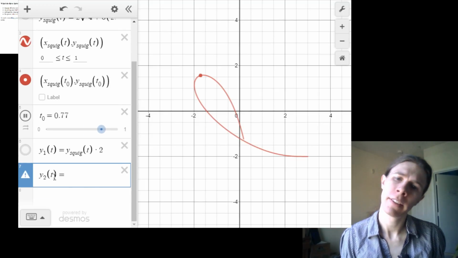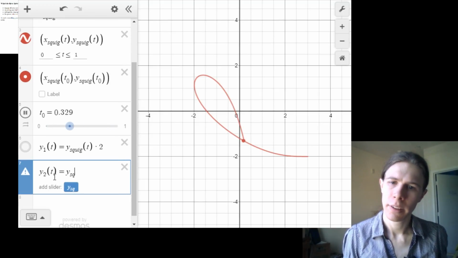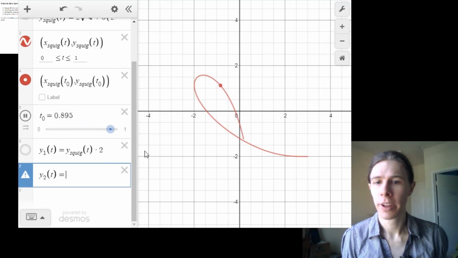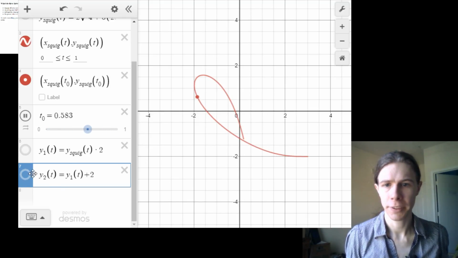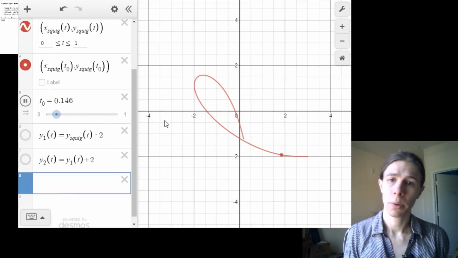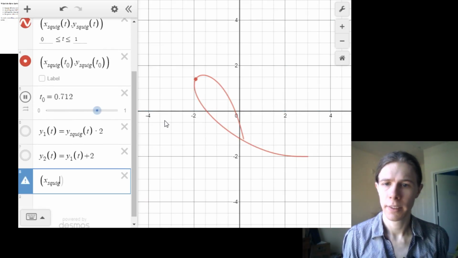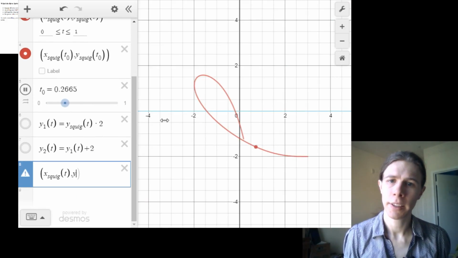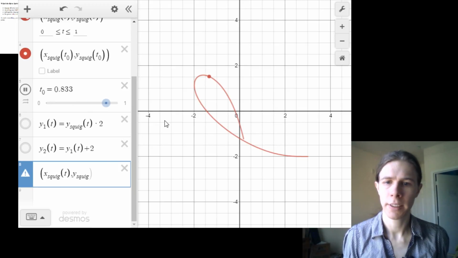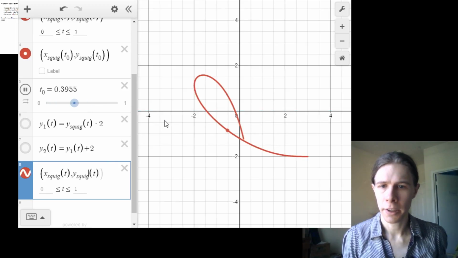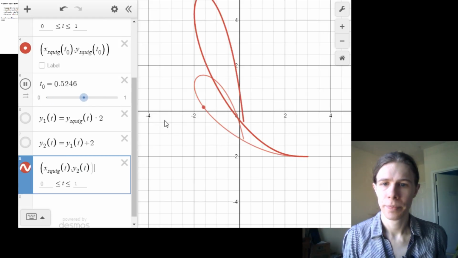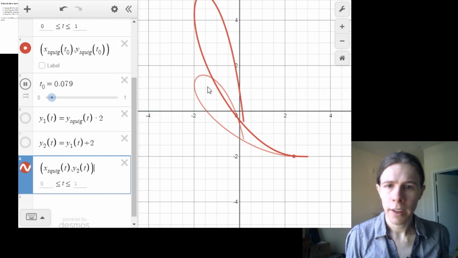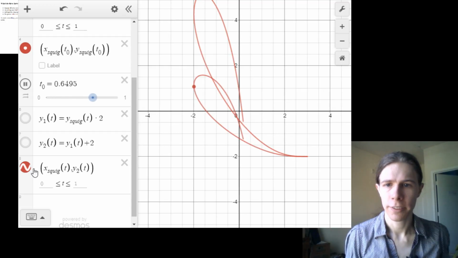And if I have another one, then this one is going to take what I got from that one and shift it up by 2. What shape do I get? I have a squiggly and another squiggly. But this one I want to make 2. And there you have it.